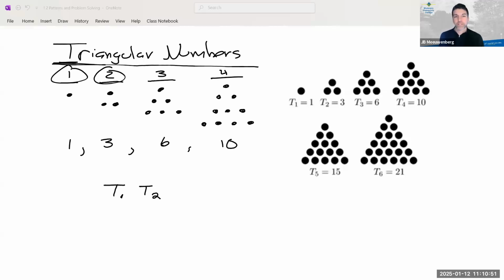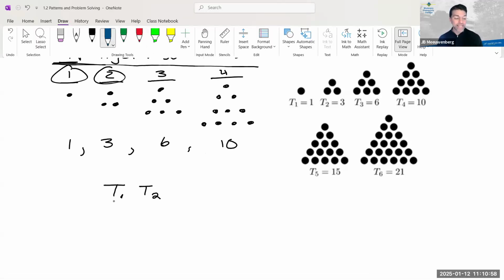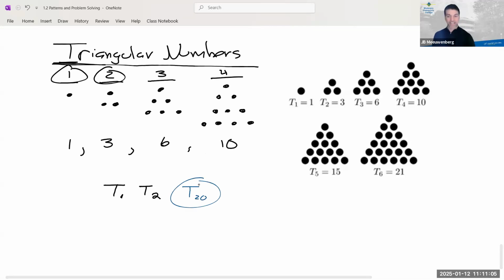Could you find some sort of mathematical formula to predict how many dots were, say, in triangular number 20? Could we predict that? Could we find a way? Okay. So that's one of the things I want to leave you with for just a moment, right? Pause the video and see if you can make a prediction without just drawing them out. Can you find out how many would be in number 20 and come up with a mathematical formula?